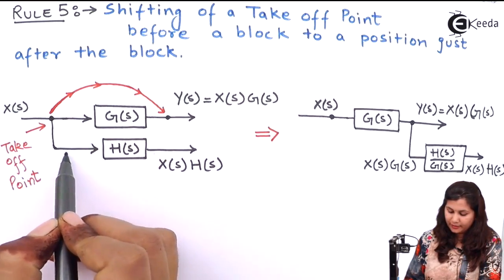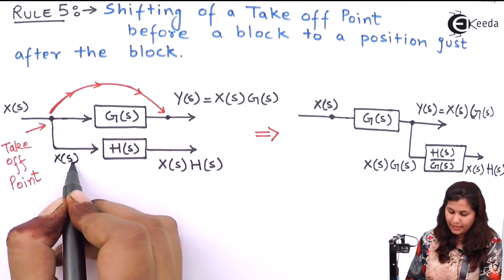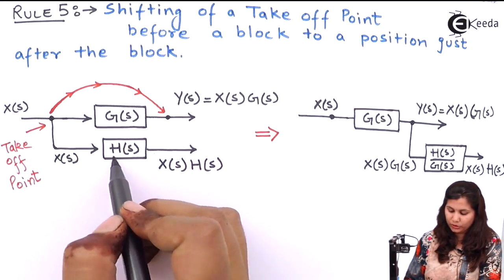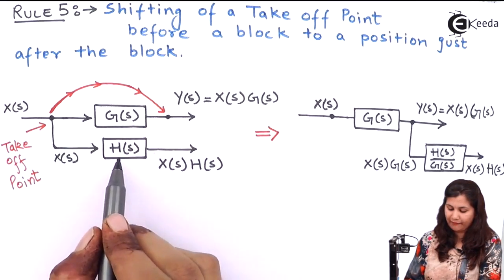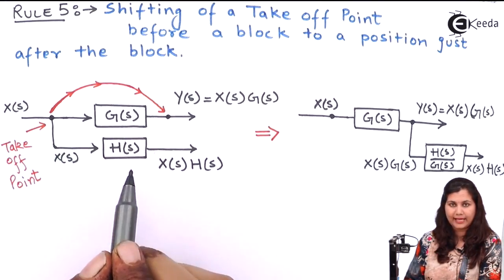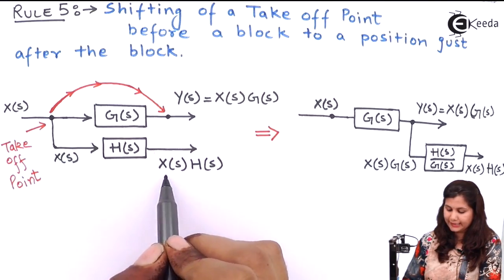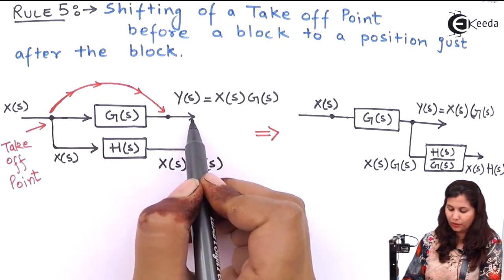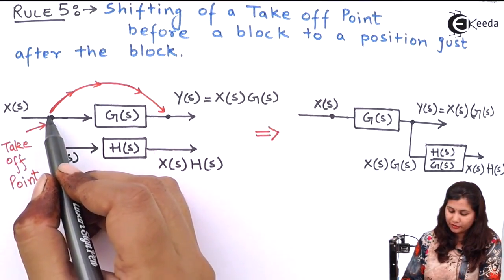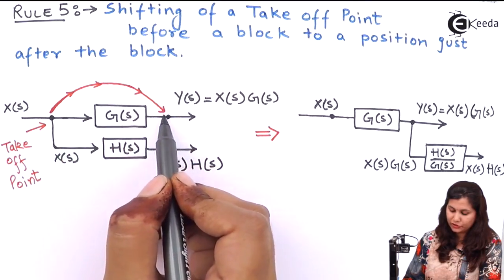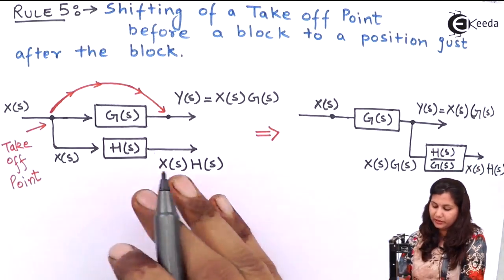The signal coming here is X(s), and X(s) is given to both these blocks. This block has the transfer function G(s) and this one has the transfer function H(s). So we get the output of this block as X(s)H(s) and the output of this block as X(s)G(s). If we shift this takeoff point from this position to this position, then what will be the effect on the block diagram?